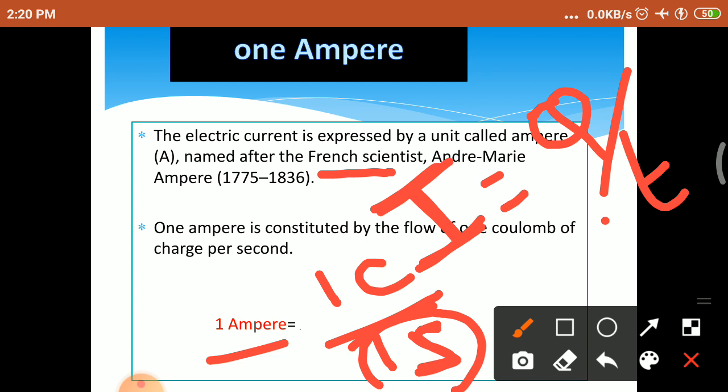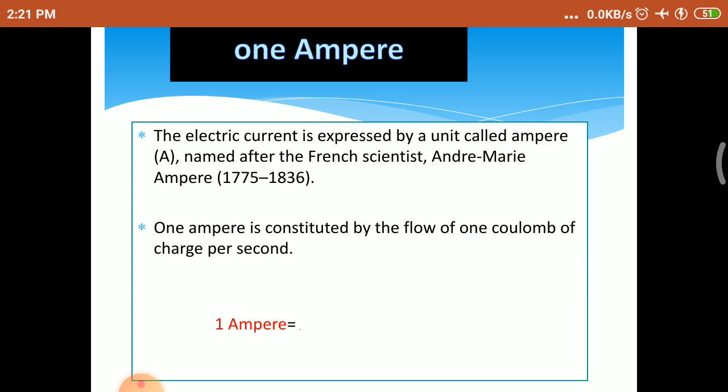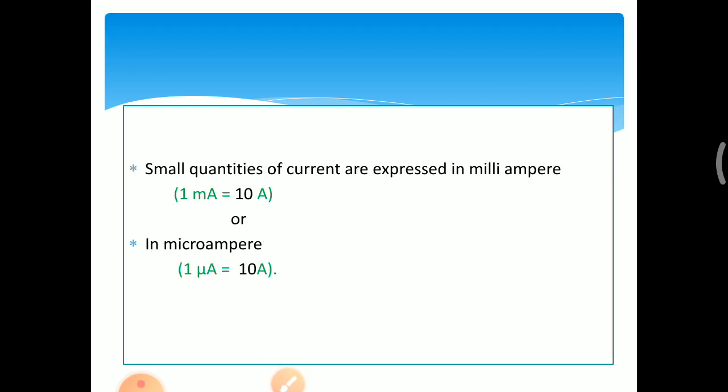So what is meant by 1 ampere? 1 ampere is nothing but when 1 coulomb of charge flows per 1 second. It is a very important one. What is meant by 1 ampere? And the small quantities of current are expressed in milliampere and microampere.